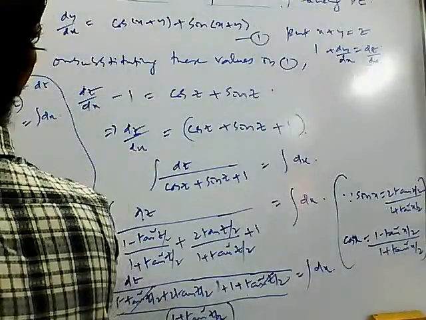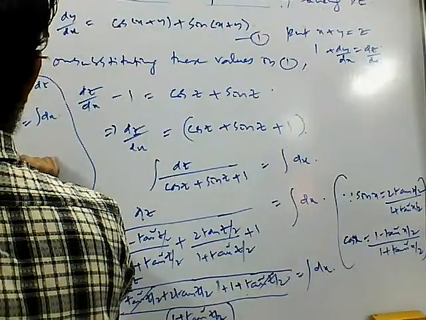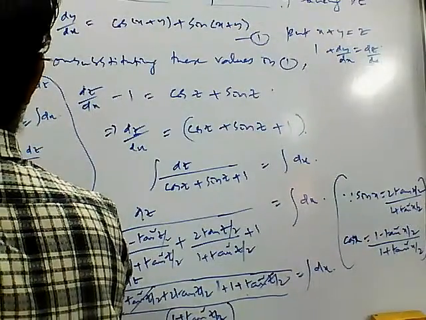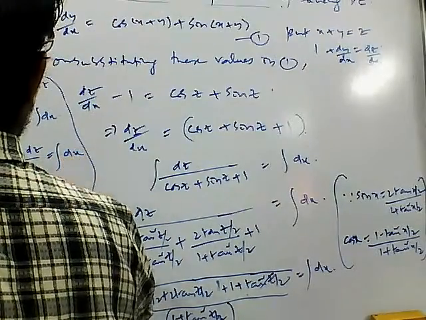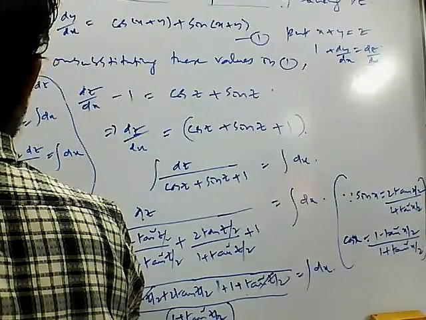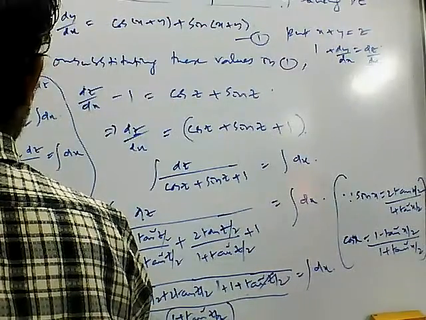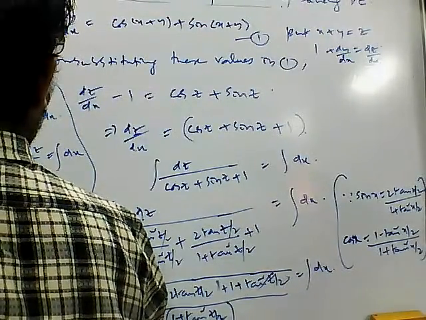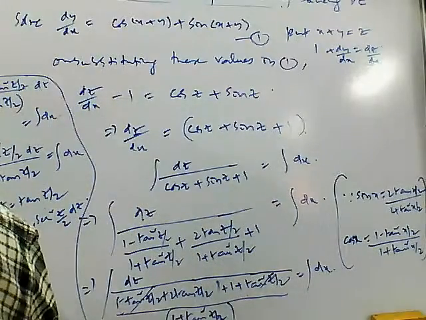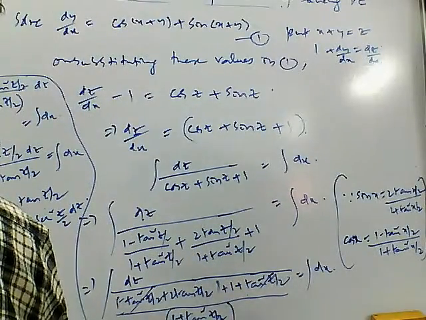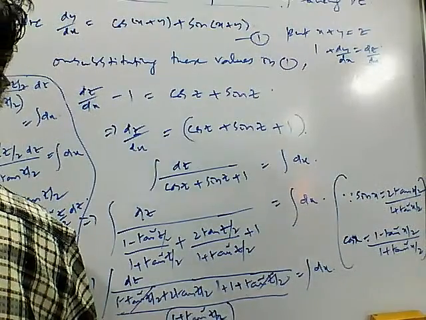So 1/2 integral sec²(z/2) dz by (1 + tan(z/2)) equals integral dx. If t = tan(z/2), dt = half sec²(z/2) dz. So that is integral 1/t dt = integral dx.